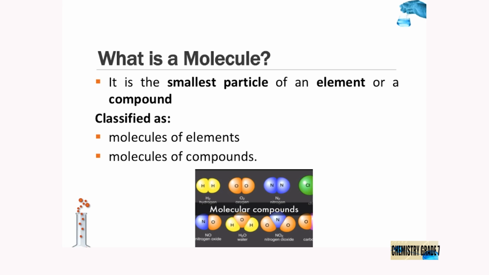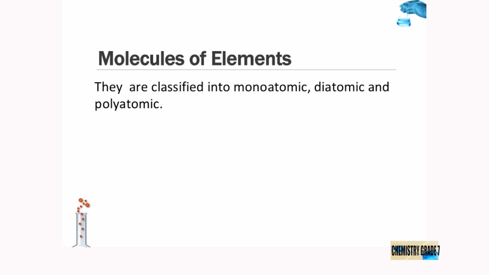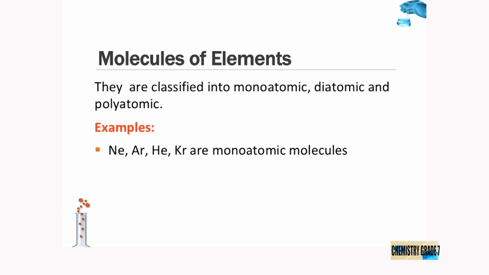For example, on the top, there are molecules of elements, and on the bottom, there are molecules of compounds. Molecules of elements are classified into monoatomic, diatomic, and polyatomic. For example, neon, argon, helium are all monoatomic molecules.